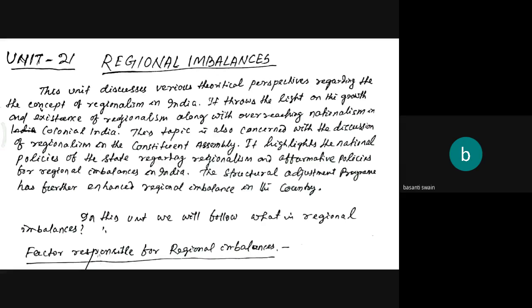It throws light on the growth and existence of regionalism along with overarching nationalism in colonial India. This topic is also concerned with the discussion of regionalism in the Constituent Assembly. It highlights the national policies of the state regarding regionalism and affirmative policies for regional imbalances in India.